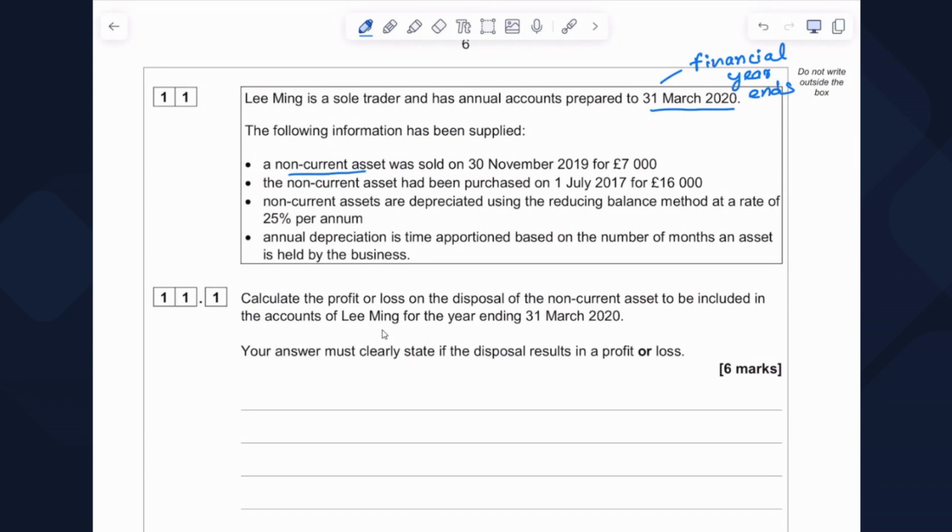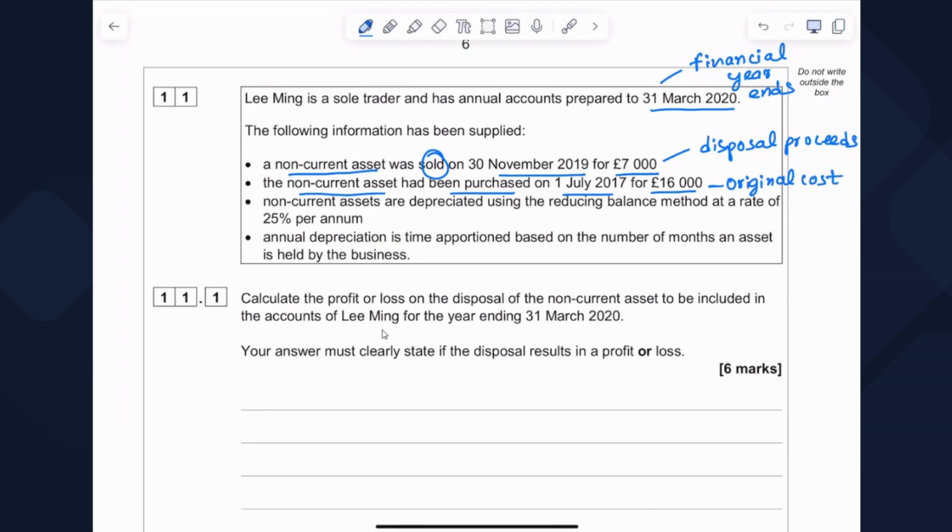A non-current asset was sold on 30 November 2019 for £7,000. This is what we refer to as the disposal proceeds. The non-current asset had been purchased on 1 July 2017 for £16,000. This is what we refer to as the original cost.